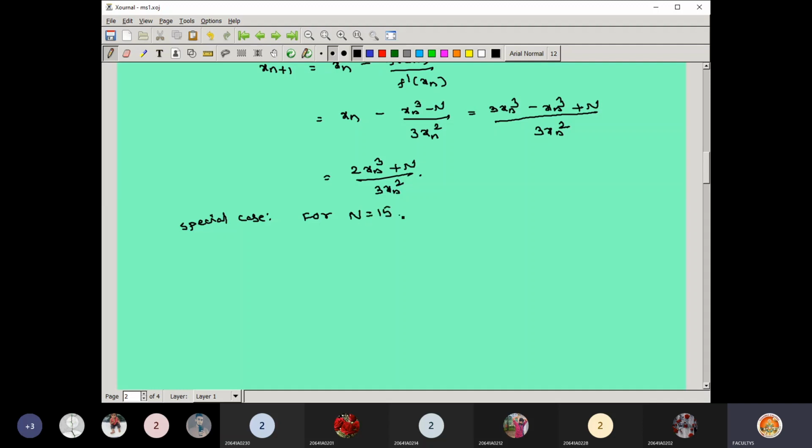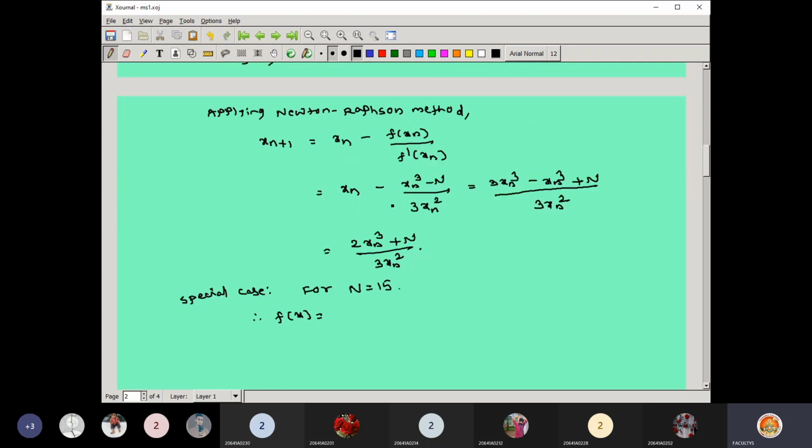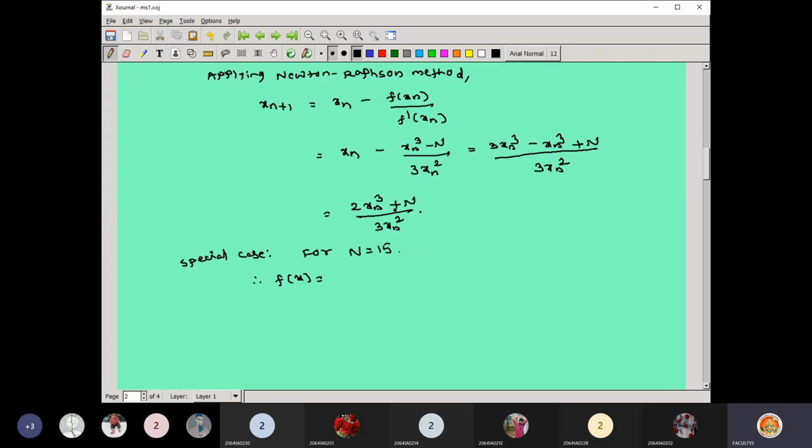For N equal to 15. Therefore f of x is, as per the equation we have derived, x cube minus N, which is x cube minus 15, equal to 0. Since N value is already given.